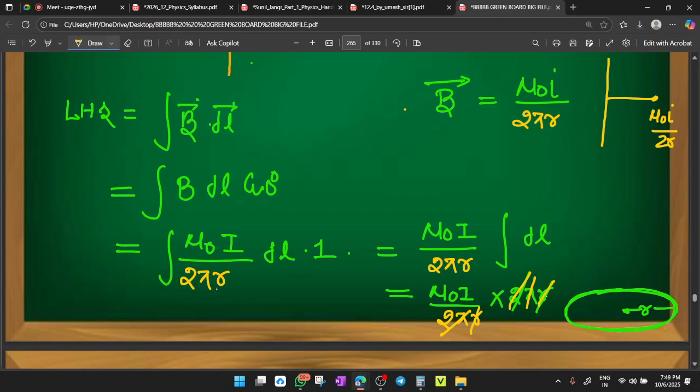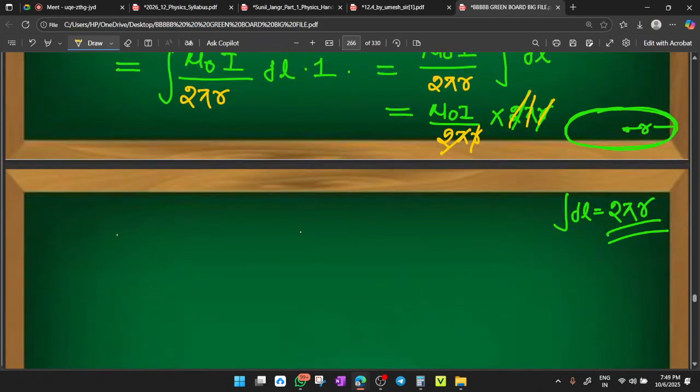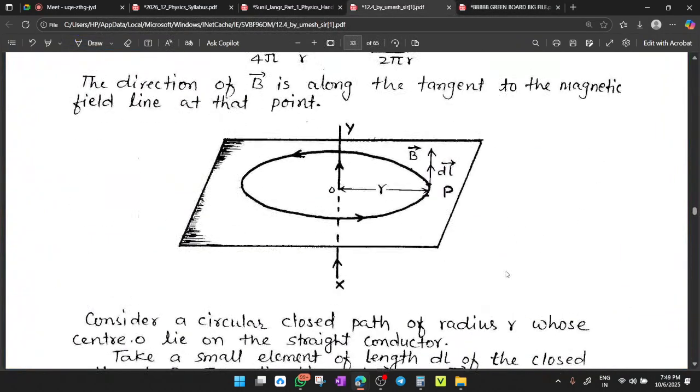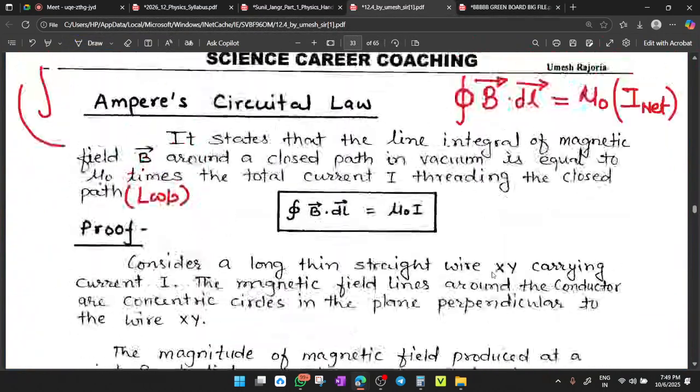So the integral of B dot dl equals what? Mu naught times I. Yes or no? So this is the proof for Ampere circuital law. Okay, let us check it once again in a systematic way.